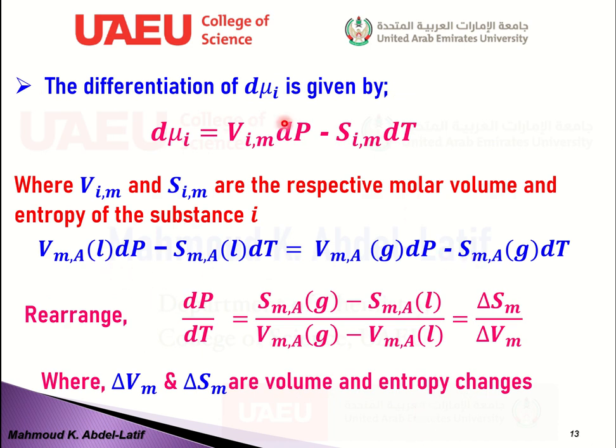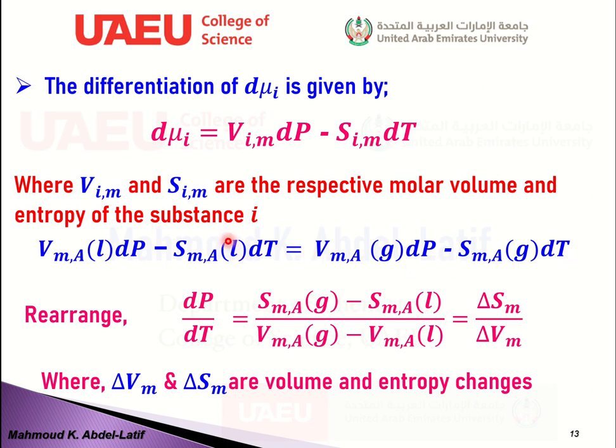So we replace it, putting the liquid equal to the gaseous state: Vm of A in the liquid state times dP minus the molar entropy of substance A in the liquid state times dT will be the same as in the gaseous state.